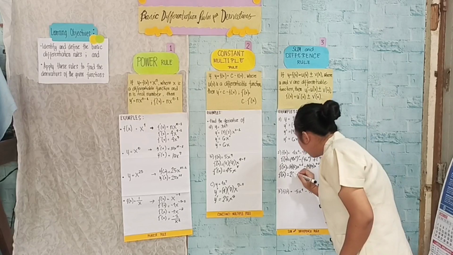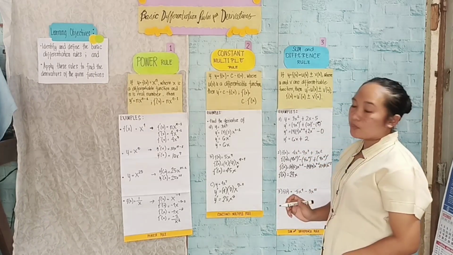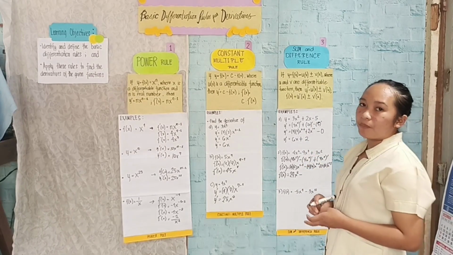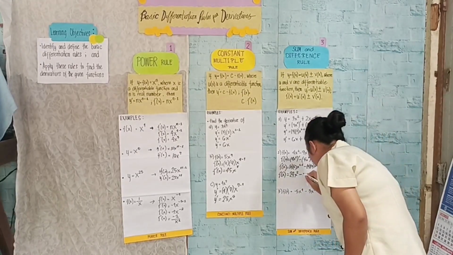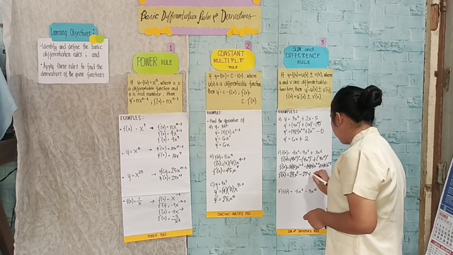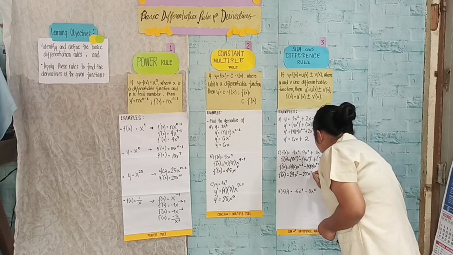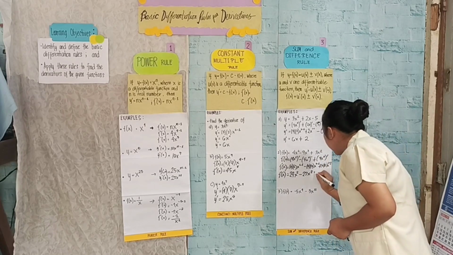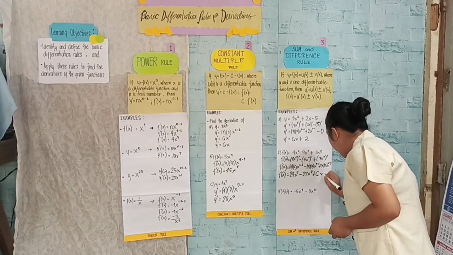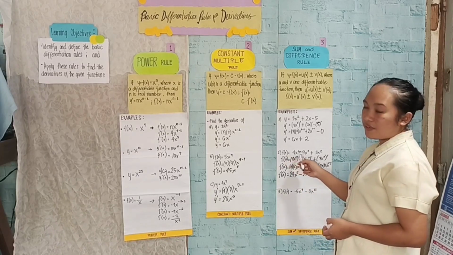It is 24, right? 24x to the 6 minus 1, which is 5, minus 9 times 3. 9 times 3 is equal to 27. 27x squared, plus 3 times 2, 6. 6x. So this is our first derivative of the given function.